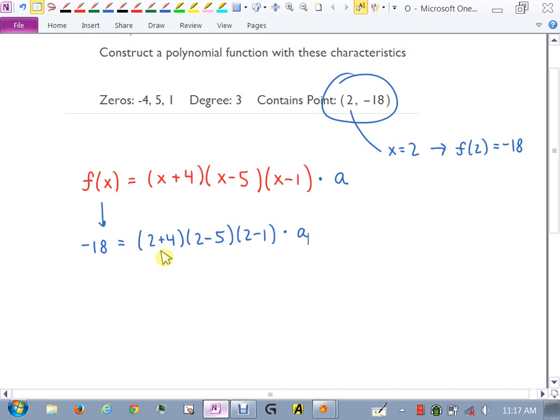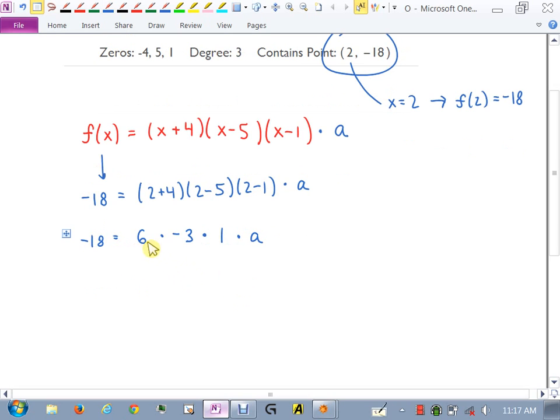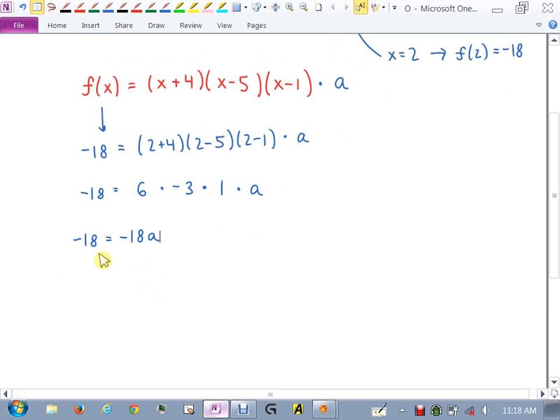So let's do some multiplication here after we add these up. 2 plus 4 is 6. So we get 6 times 2 minus 5, -3, 2 minus 1, 1, and then times a. But 6 times -3 times 1 is -18. So it's going to turn out to be, after we divide both sides by -18, that a is 1. So now I'd rewrite what the function is.